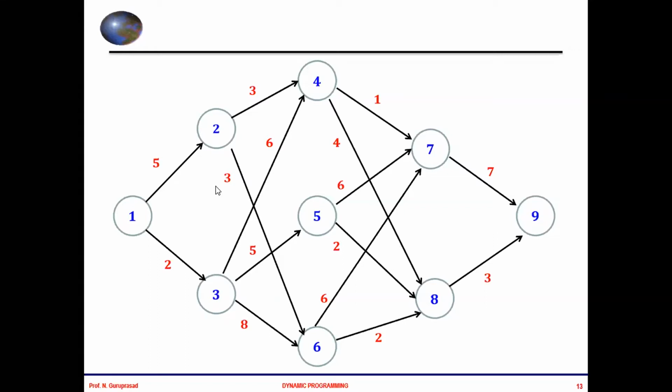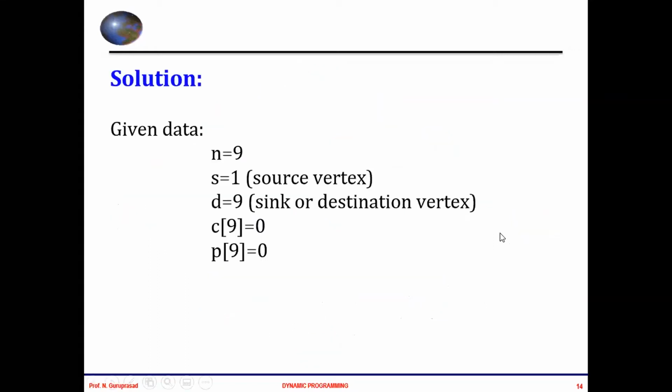Okay, so now this is how we are going to start with the solution. Make a note of this. Given data, n is 9, which is, as you rightly said, number of vertices in the graph. Source vertex is 1. Destination vertex, as you all know in data structure, is also called the sink vertex, which is 9.